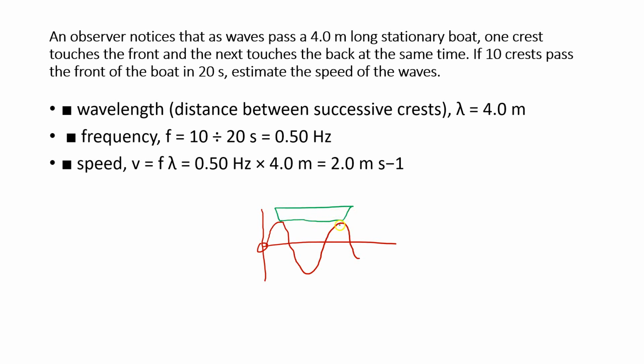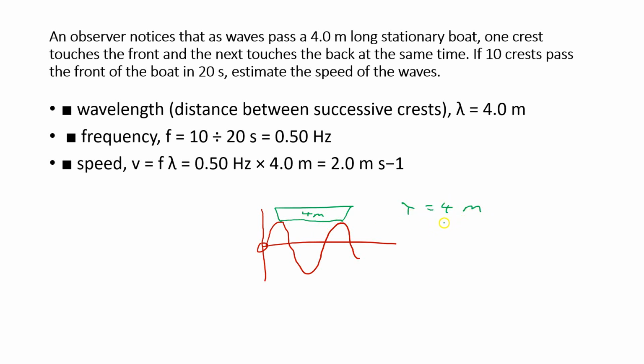What this tells us is that one wavelength is the distance from one crest to another crest. If the boat has a length of 4 meters, it means that one wavelength from crest to crest is going to be 4 meters.